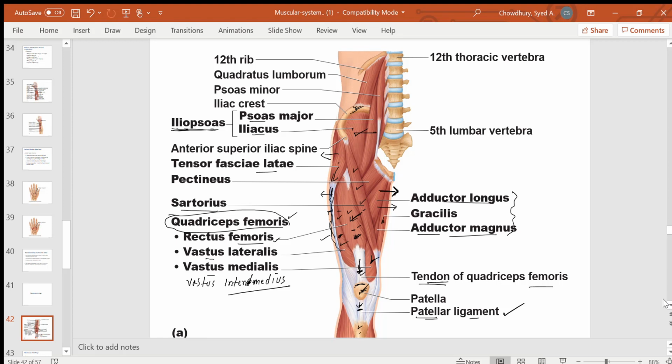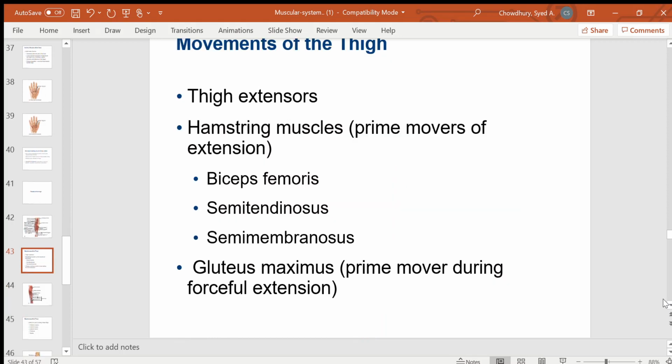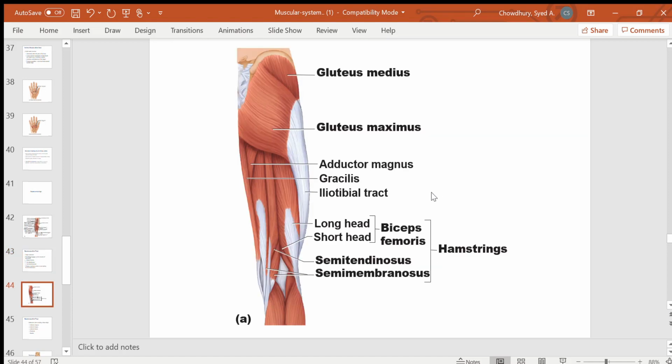In the back of the thigh, you have hamstring muscles. Three muscles are called the hamstring muscles in the back of the thigh: biceps femoris, semitendinosus, semimembranosus. Okay, so we'll see those three muscles first. You see, this is the lateral side, right? So this muscle is called the biceps femoris. Why biceps?